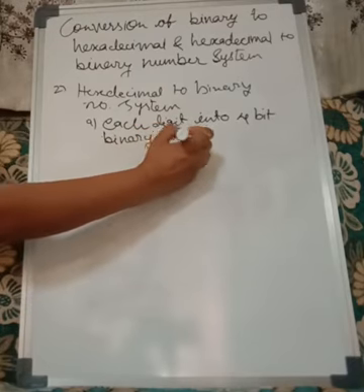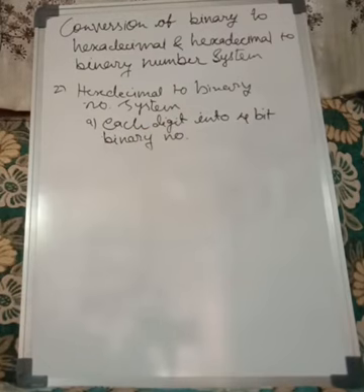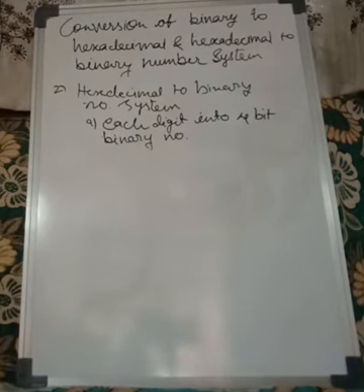Okay, the first thing we need to do, just recall, in octal to binary number system, we had to convert each digit into 3-bit binary number. But in case of hexadecimal to binary, we are converting each digit into 4-bit number.